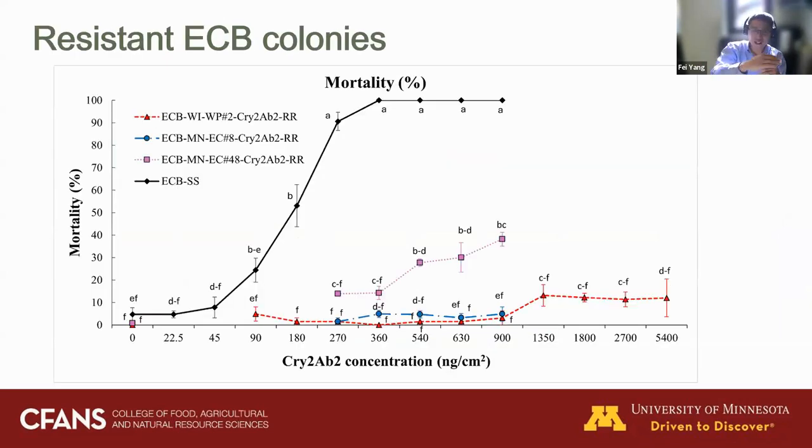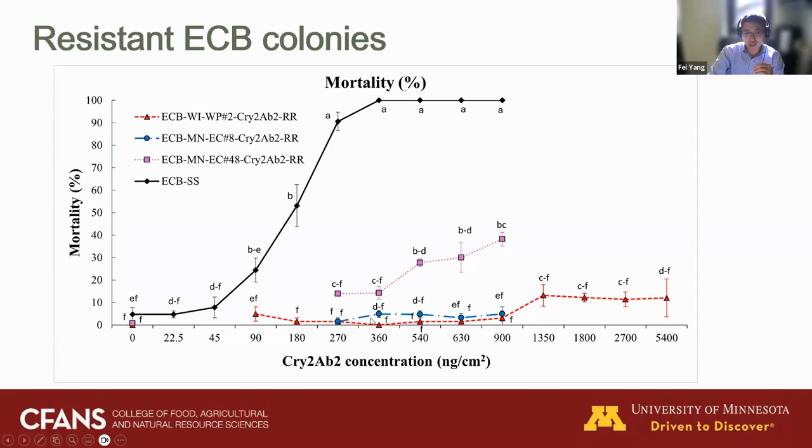And then we tested the levels of these resistant populations. If you look at this graph here, the y-axis is mortality, and the x-axis is different concentrations of Cry2Ab2 Bt protein. The black line here is the susceptible insects, and you can see at the highest concentration of 360, you have 100% mortality for the susceptible insects.